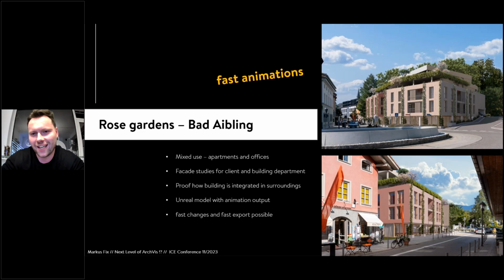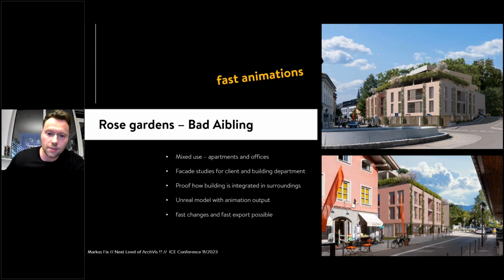Of course, the facade had to go through the construction department and the city councilor, which was kind of the topic for this project: they had to approve the design of the architecture. So the animation is more about the facade and the architecture and how it integrates into the city.